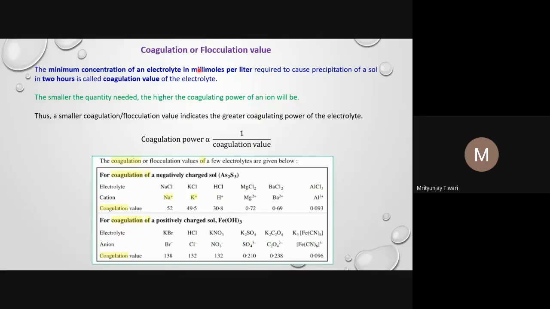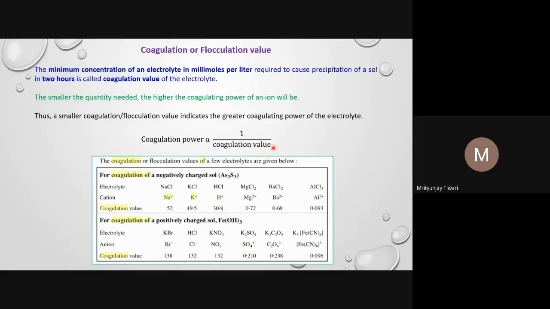The electrolyte that coagulates the colloid only at the higher concentration has a higher coagulation value, but its coagulation power is less, because we need to use a larger amount of this electrolyte for the coagulation of that sol. So coagulation power is proportional to 1 divided by coagulation value.